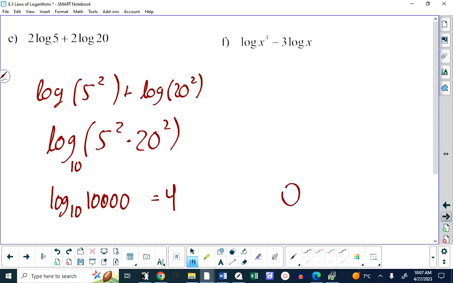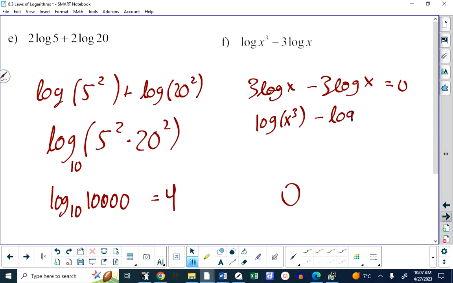How many of you, when you take a look at f, immediately see that it's 0? There are at least 3 ways to do it. By a show of hands, how many of you said that this is 3 log x minus 3 log x? How many of you said this is log of x cubed minus log of x cubed? Fewer, but still possible.